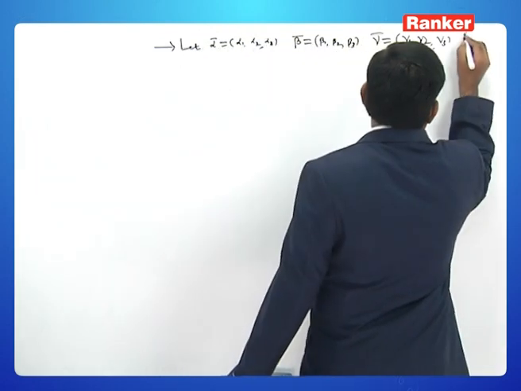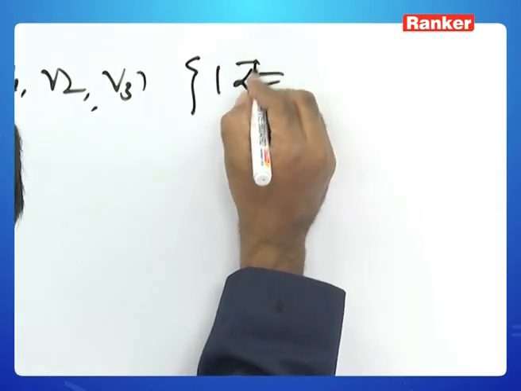And modulus of alpha bar is equal to 2, something he has given.